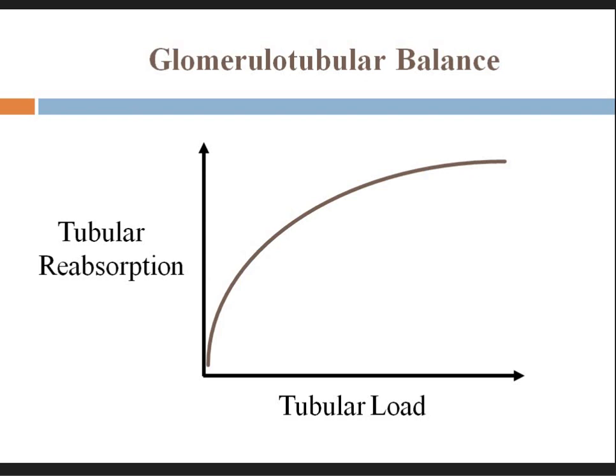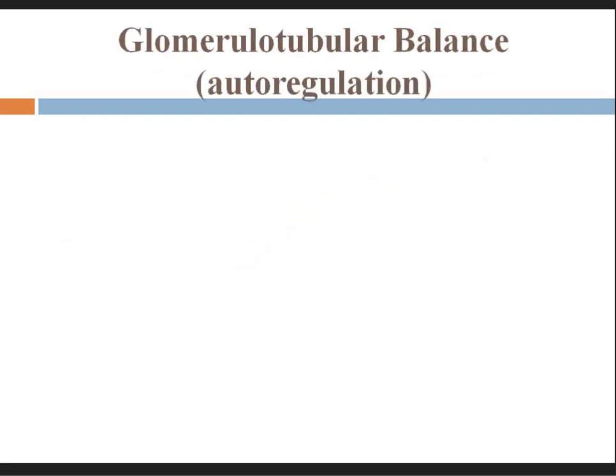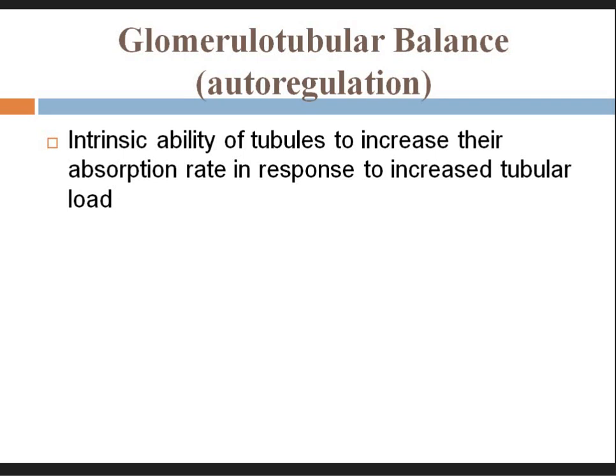Once the load increases, the tubular reabsorption also increases. So it is a form of auto-regulation. It explains the intrinsic ability of tubules to increase their absorption rate in response to increased tubular load. That means the tubules have the ability to increase their absorptive rate whenever there is increased load given to them.